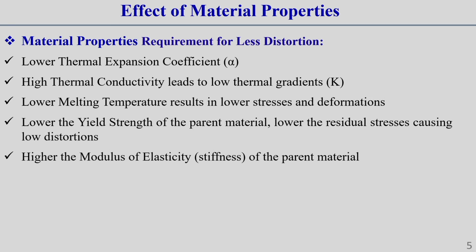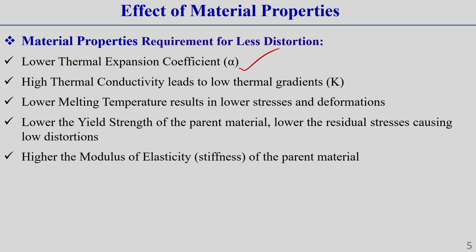First of all, we should know which material properties affect the distortion more. Generally, keep one thing in mind: the lower the thermal expansion coefficient, the lower the distortion of that structure, because the higher the expansion, the higher the contraction, and the higher the distortion.